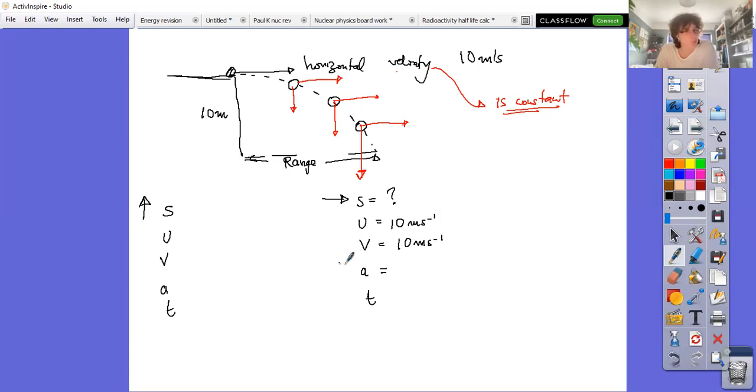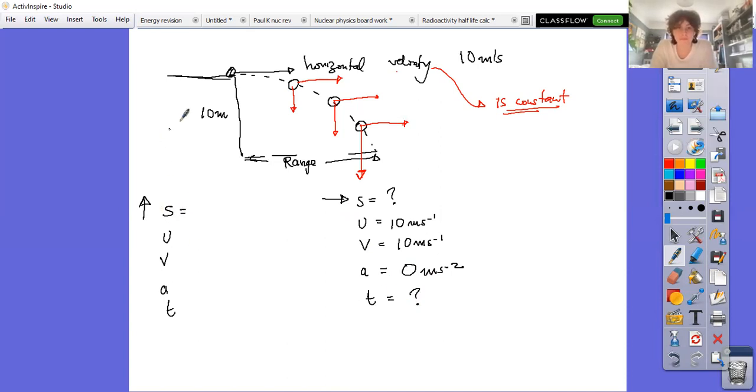No, absolutely right. 0. So horizontally is very, very easy because initial is the same as final all the time. All the time, okay? The time we don't know.